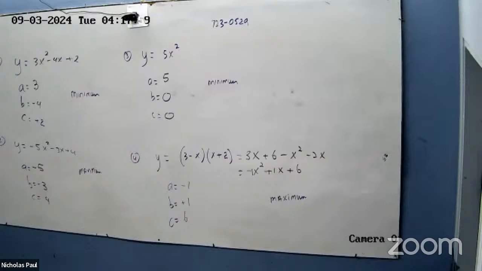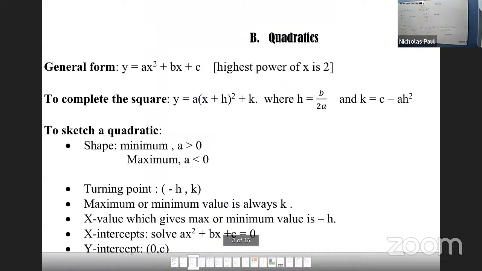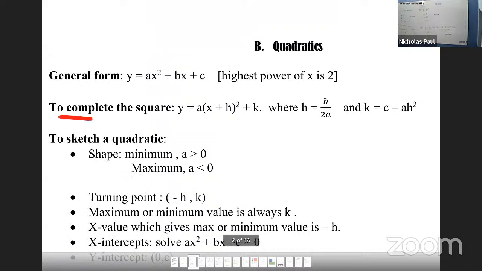So that's stage one. Stage one is identifying the quadratic and knowing what type it is. Stage two is to find a turning point. In order for us to find a turning point, we need two letters, H and K. So in order to do it, we do something called completing the square. So you're writing completing the square and how to get it.